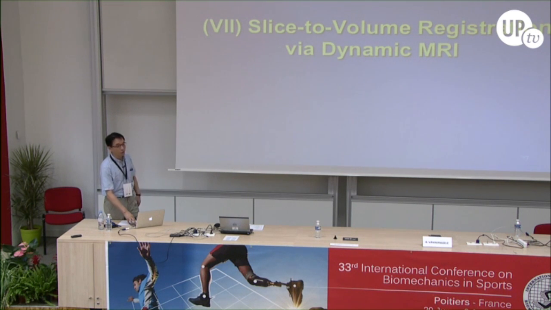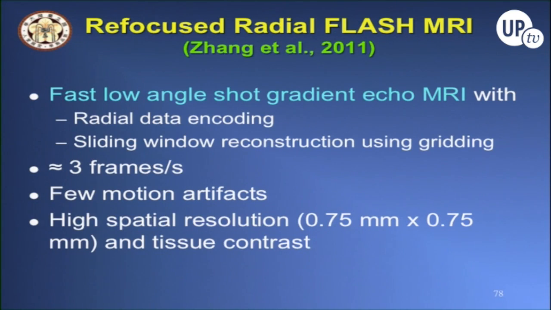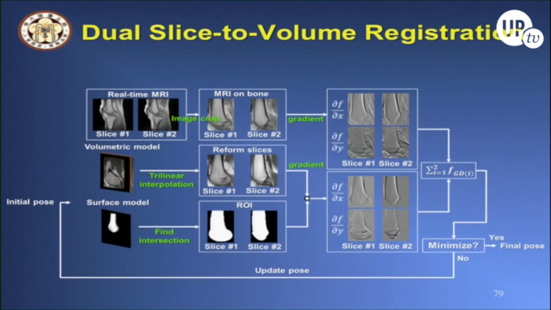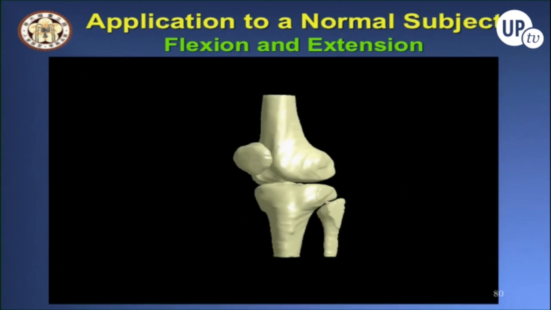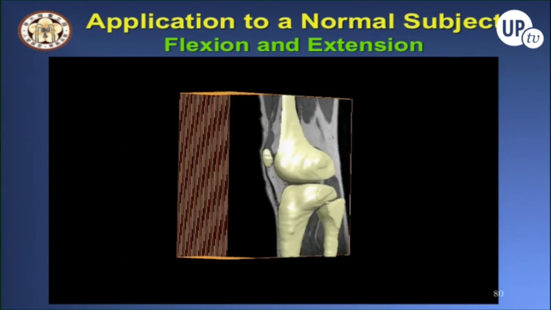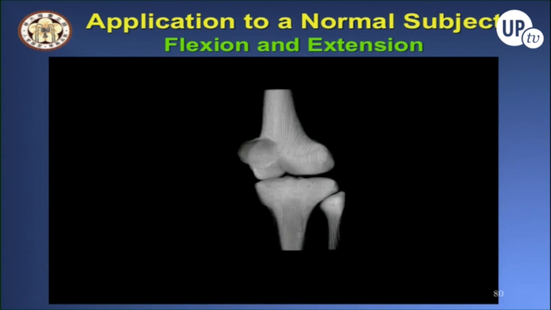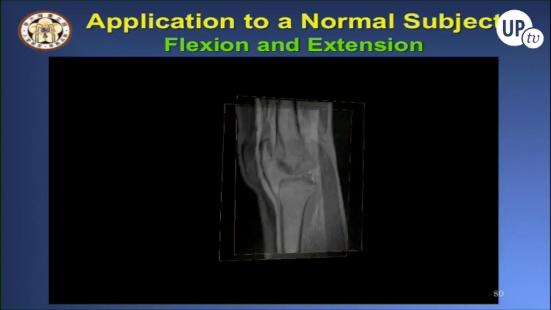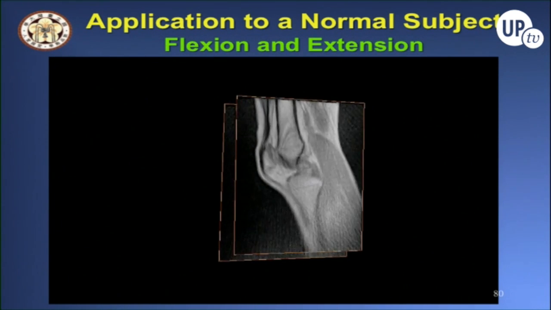I'd like to leave with the slice to volume registration. So Siemens has developed a fast single slice or two slice dynamic MRI. We were collaborating with each other, and I collect single slice MRI and try to reconstruct three-dimensional real-time 3D motion. Firstly, we scan the knee in 3 dimensions during static condition.